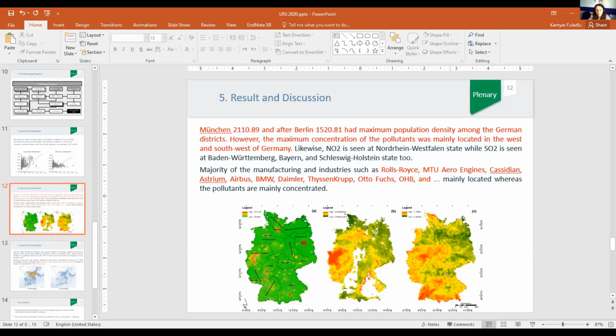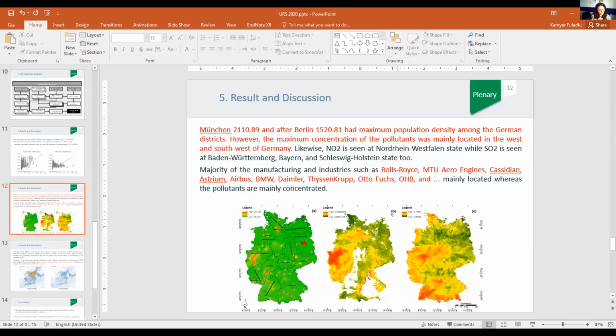Bayern, and Schleswig-Holstein. When we consider the manufacturing industry, companies such as Rolls-Royce, MTU Aero Engines, Cassidian, Astrium, Airbus, BMW, Daimler, ThyssenKrupp, Otto, Fuchs, and OHB are mainly located in these states.